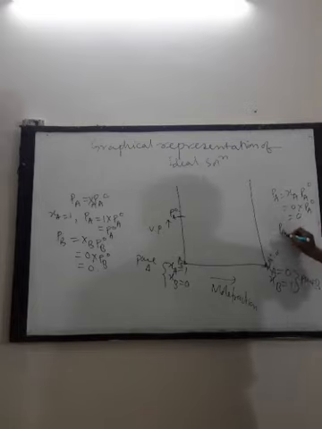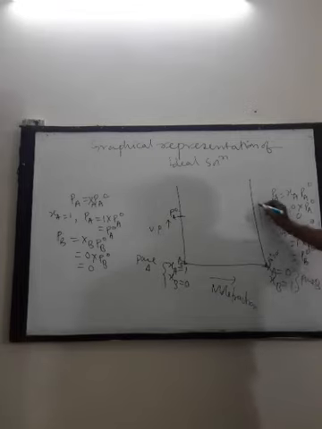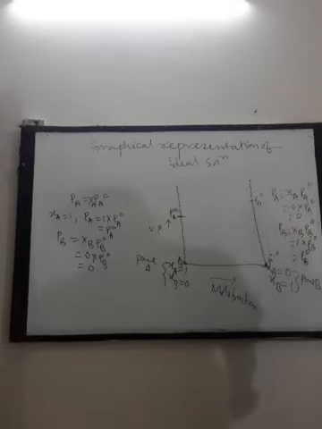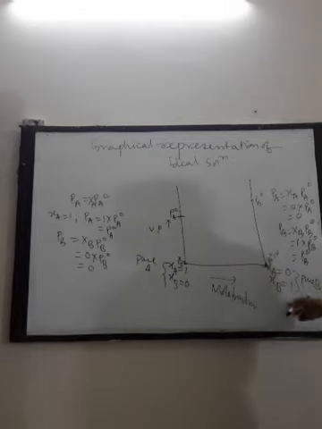Now PB equal to XB PB naught, XB equal to 1. So PB naught, maximum value. So this point represent pure A and this point represent pure B.